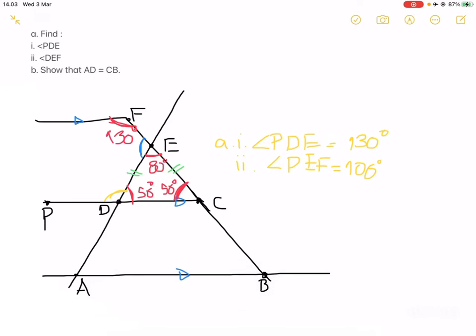So for part B, we actually need to do a little bit of work right here. First we can find angle ADC as well as angle BCD.